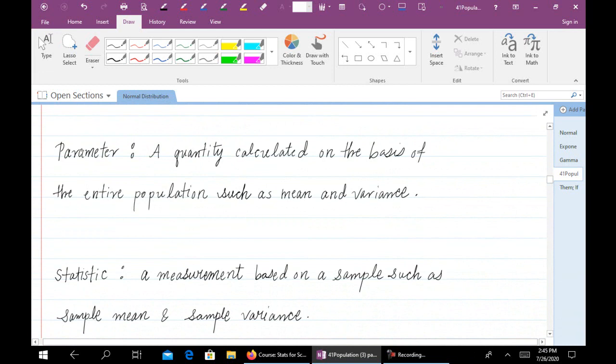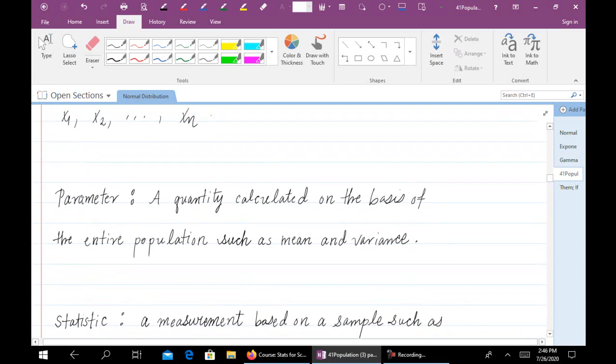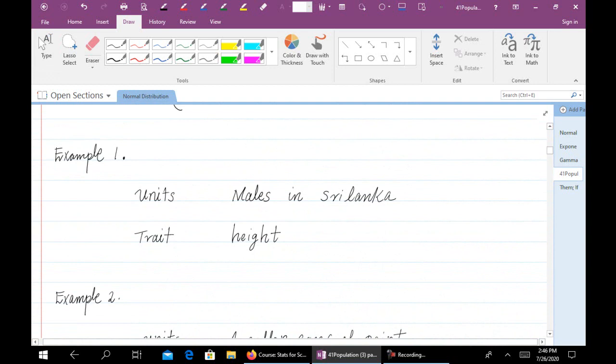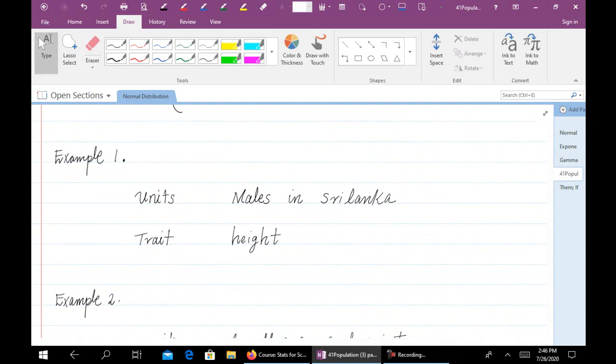Now, what's a parameter? A parameter is a quantity which is calculated on the basis of the entire population, such as mean and variance. So if we go back to example 1, one parameter could be the average or mean height of the males in Sri Lanka.